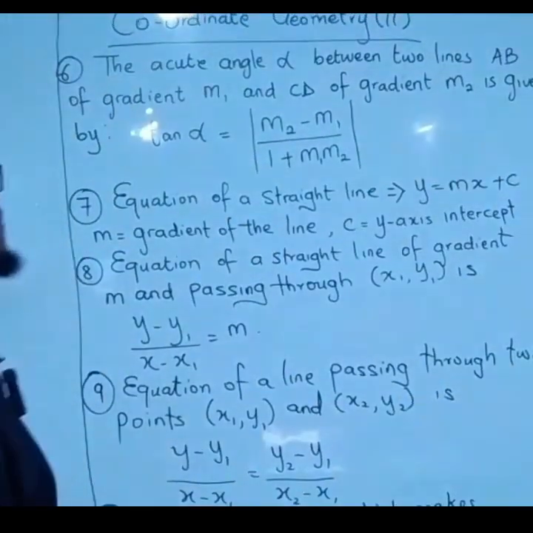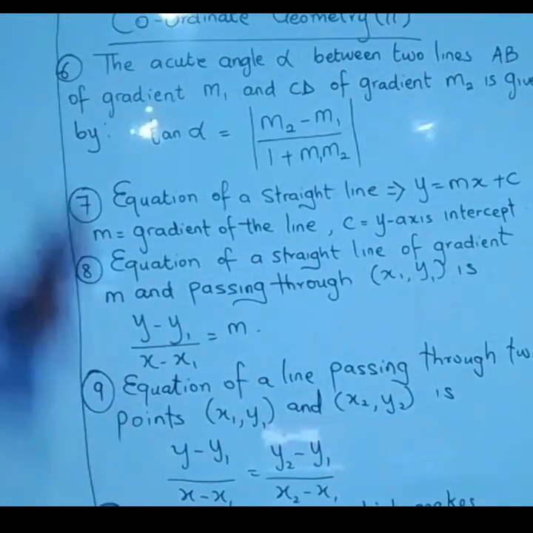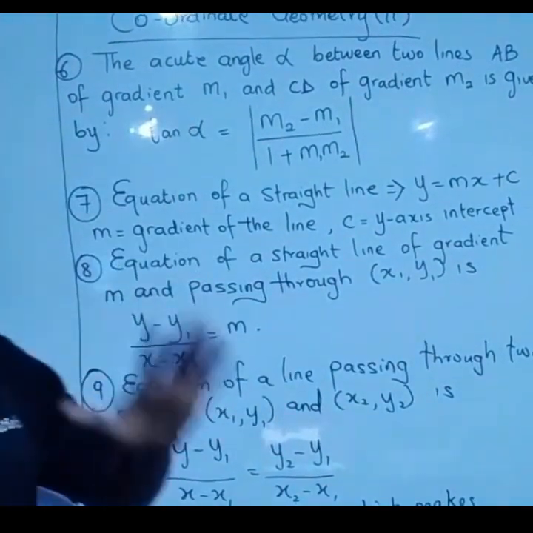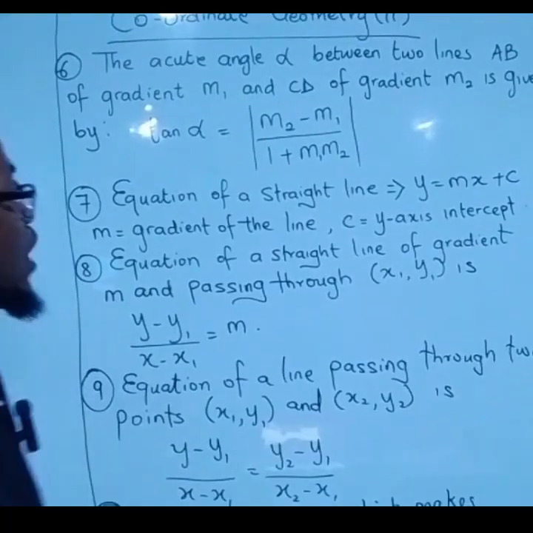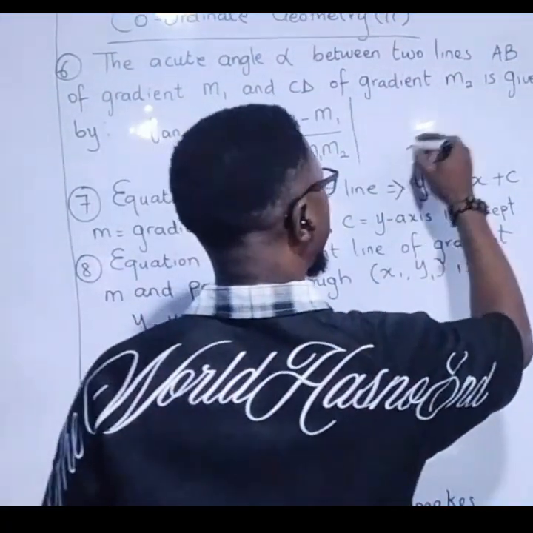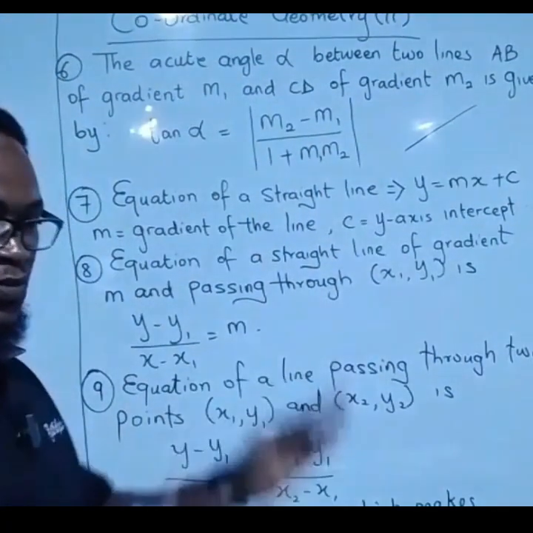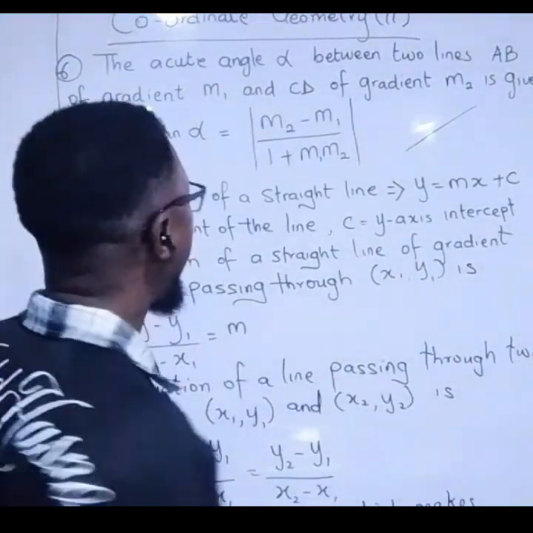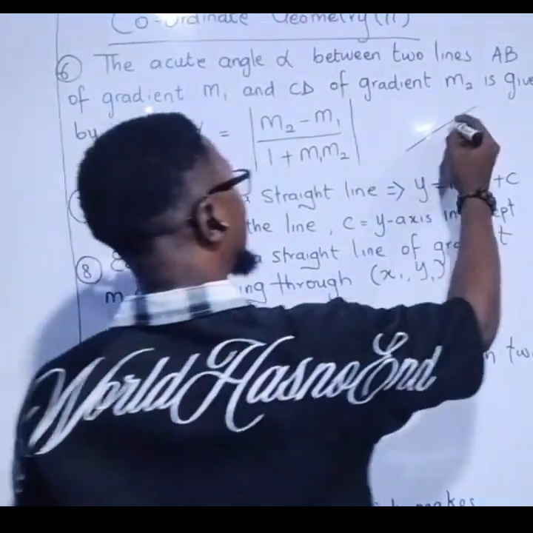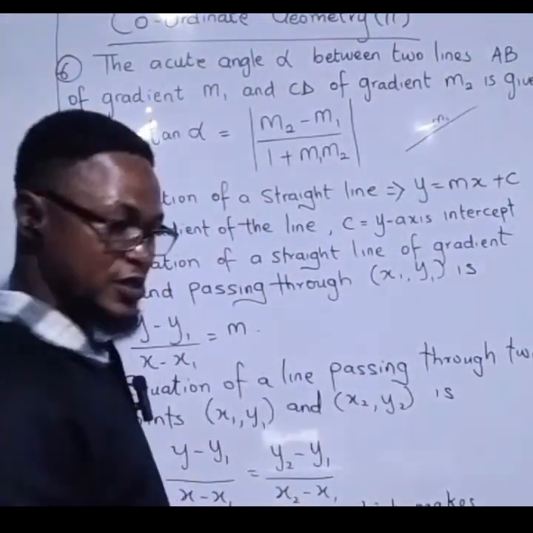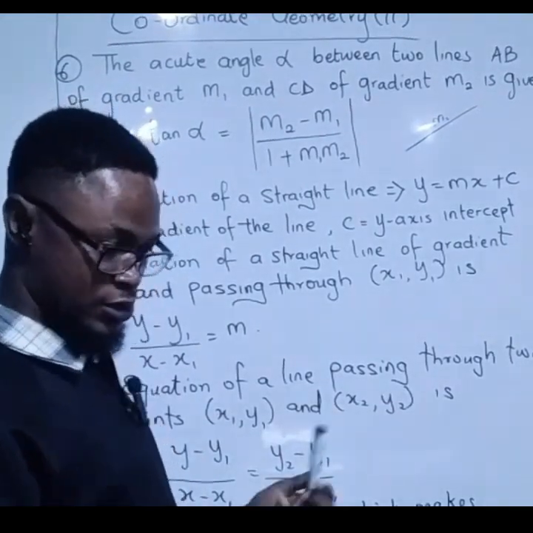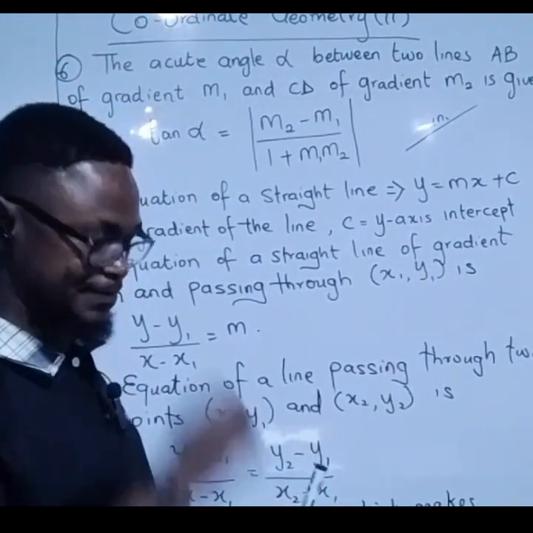All right, so this second one, now we have the acute angle between two lines, right? What am I talking about? If you have a line like this, a particular slope, whatever slope it is, let's call this one M1, that's the slope of the first one, or the gradient of the first one. Slope and gradient are the same, right?